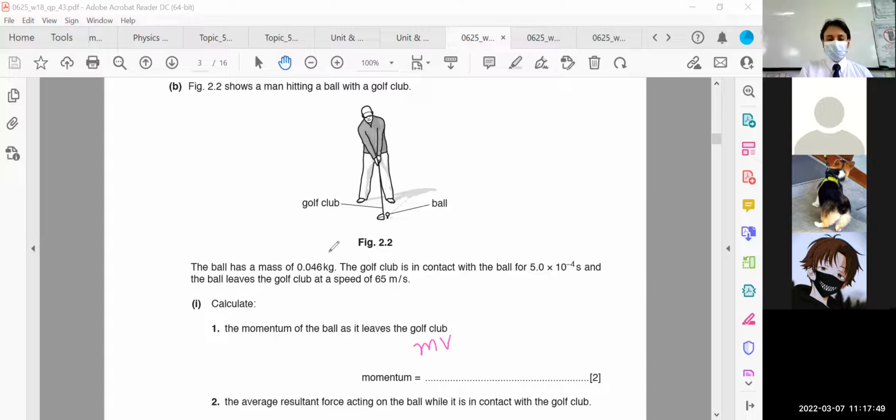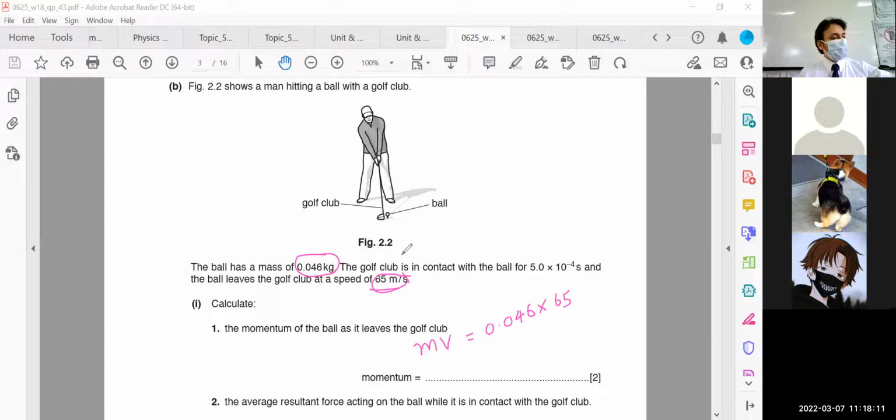Mass of the ball is 0.046 multiplied by velocity 65. As it leaves the golf club, the speed is 65.